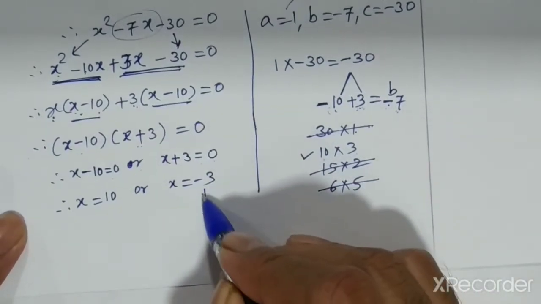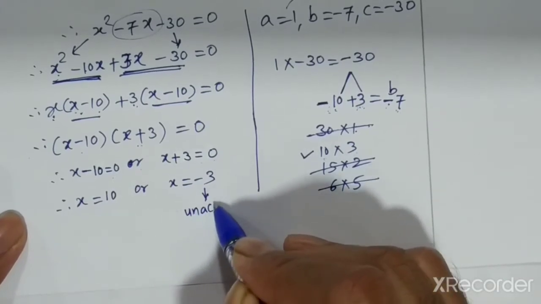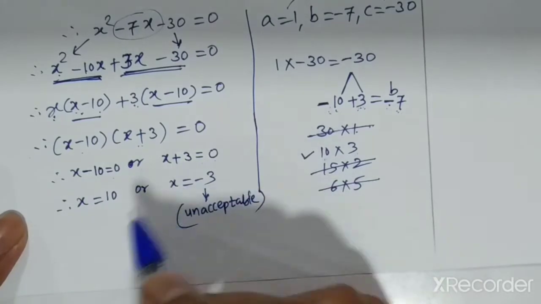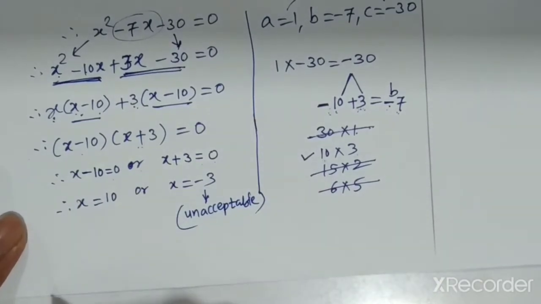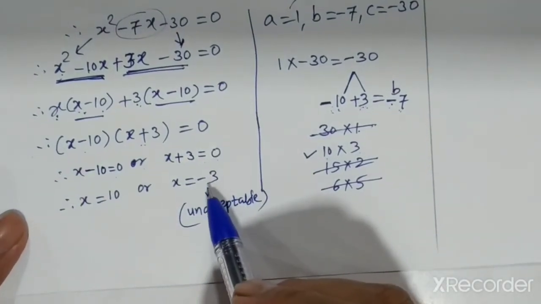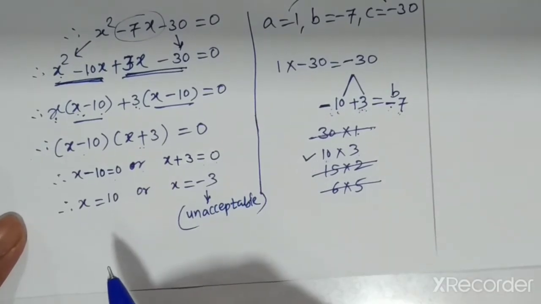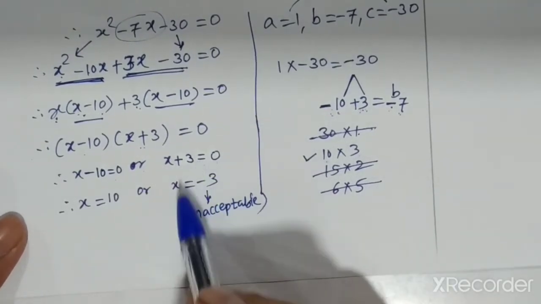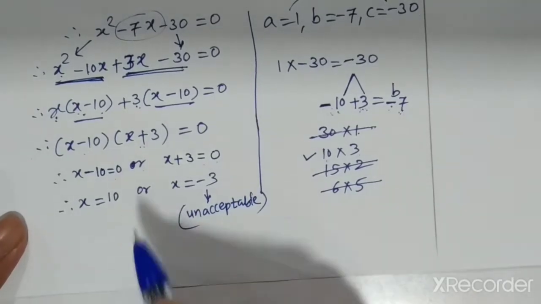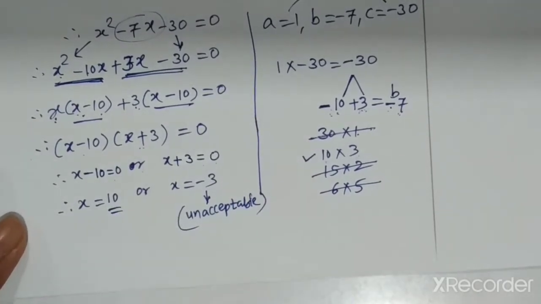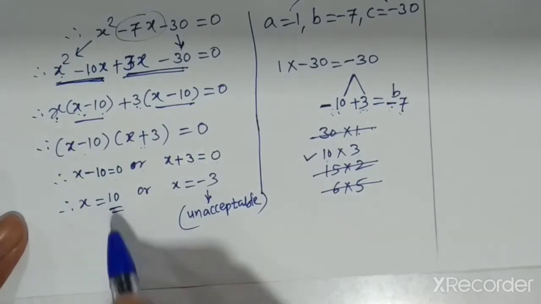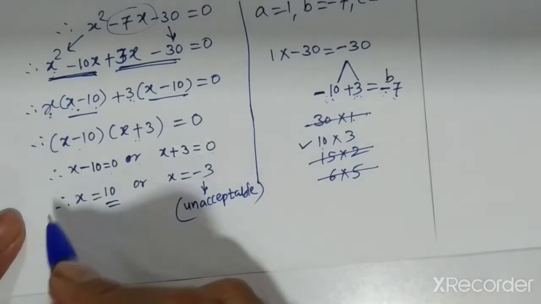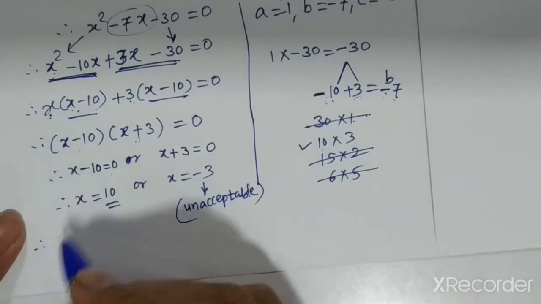But here minus 3 is unacceptable because x is the present age of Kishore and we know that age is never negative. So minus 3 is not an acceptable value here. So we will consider the accurate value of x as 10. So x is equal to 10 is the correct answer. So we will write the final answer.